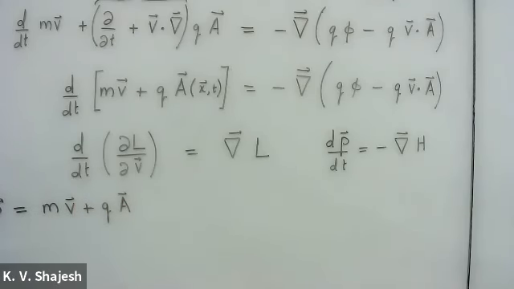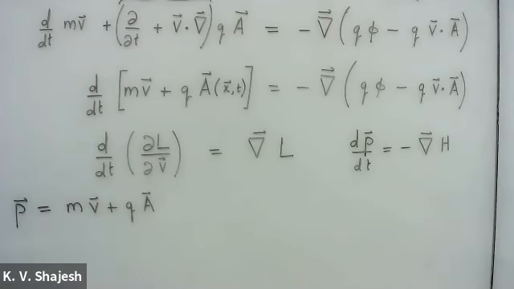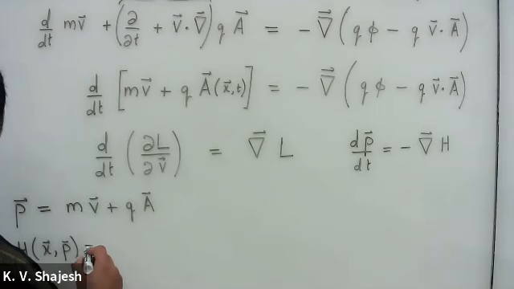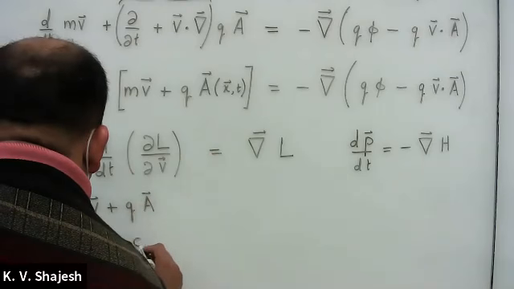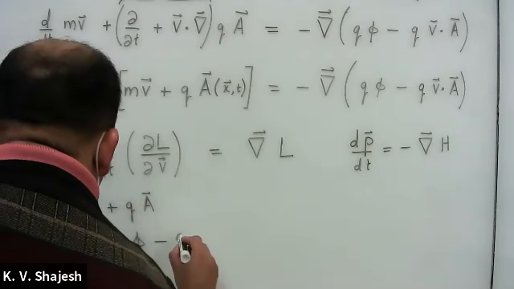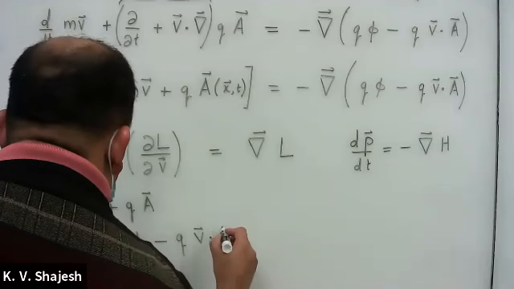And I also learned that the Hamiltonian, which is a function of position and momentum, is equal to q times the scalar potential minus q times v dotted with a.